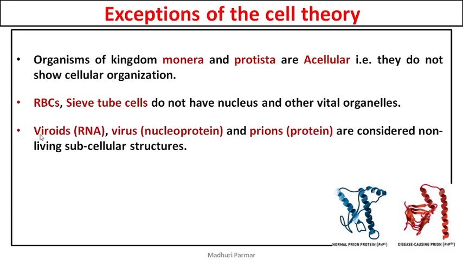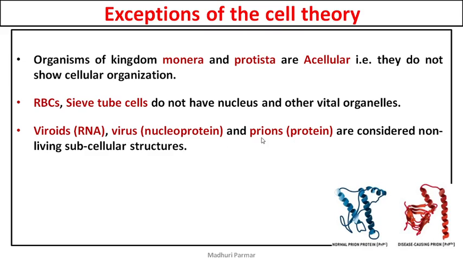Third is viroids. Viroids are even smaller than viruses. Viroids are basically just RNA; they are infectious RNA. Then virus. A virus is made up of DNA or RNA covered by protein, so it is a nucleoprotein.